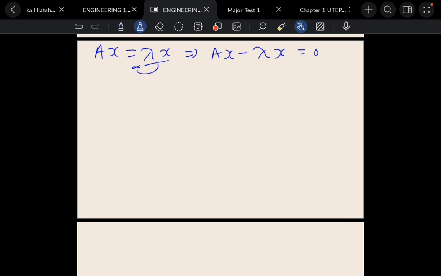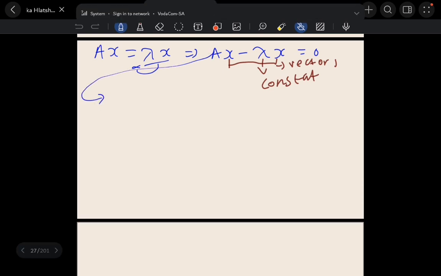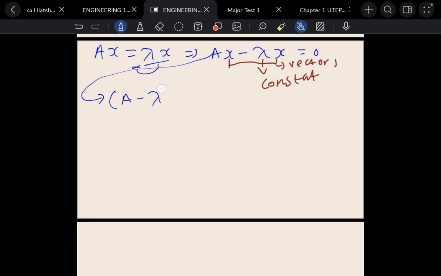What you need to know is that lambda is just a constant, and these two are actual vectors. So to simplify, you need to take out x as the highest common factor. So I'm going to have A minus lambda times x is equal to 0, right?